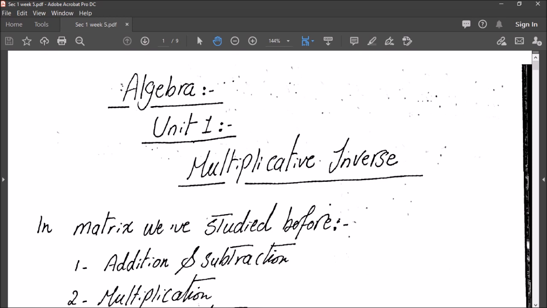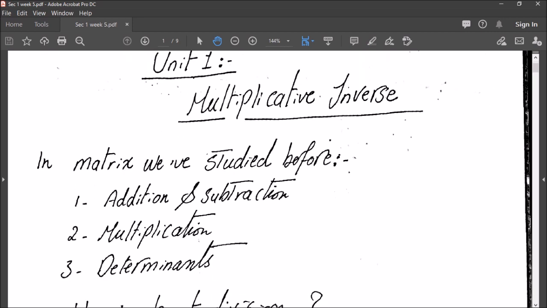Algebra, Unit 1, the last lesson: the multiplicative inverse. In matrices, we studied addition and subtraction, we studied multiplication, and we studied determinants.